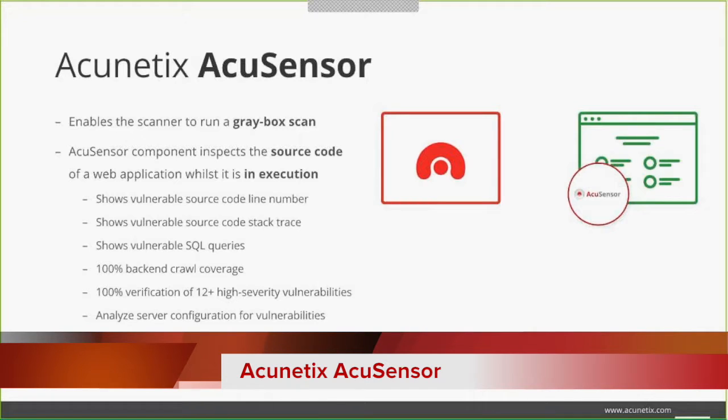Imagine you've got an HTML page of 1,500 lines of code, and you find 300 vulnerabilities on one page. Knowing exactly where those lines of code are can make the process a whole lot faster and a whole lot less painful, which is music to any customer's ears.